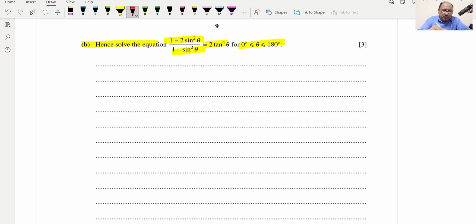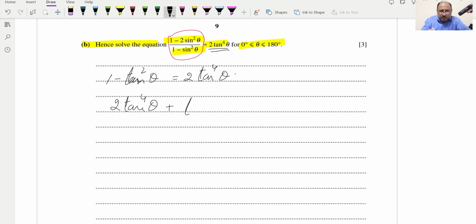We know this part we have just solved, and this part is equal to 1 minus tan squared theta, and this will be equal to this side, which is 2 tan 4 theta. Now we can shift this side also to the other side. It will become tan 4 theta plus tan squared theta minus 1 equal to 0.